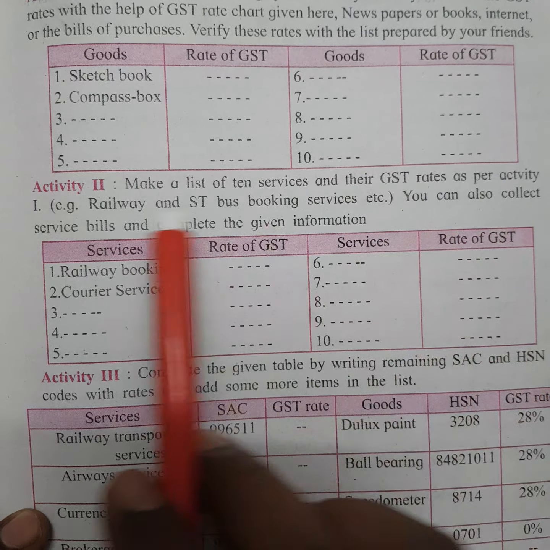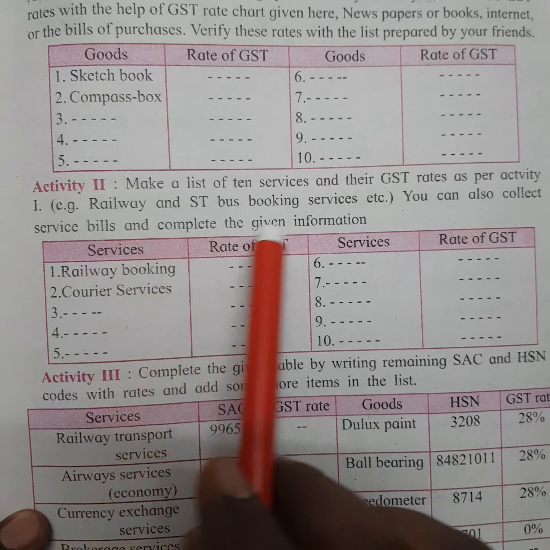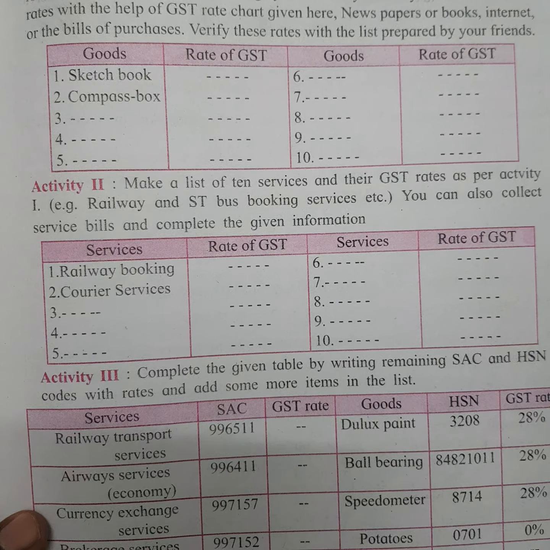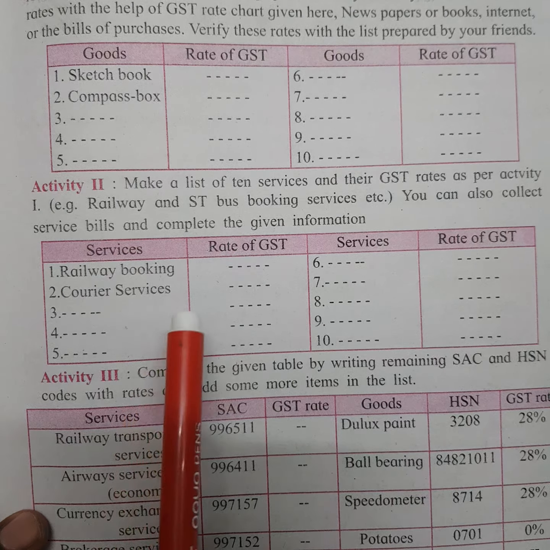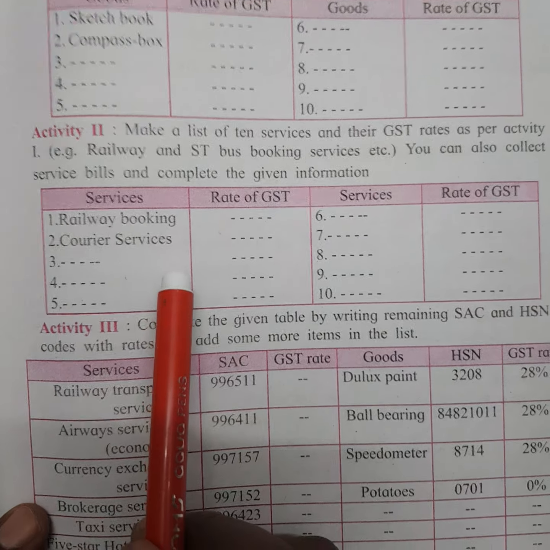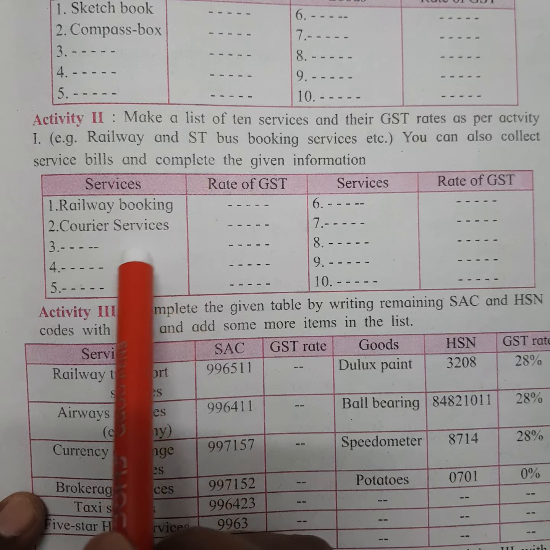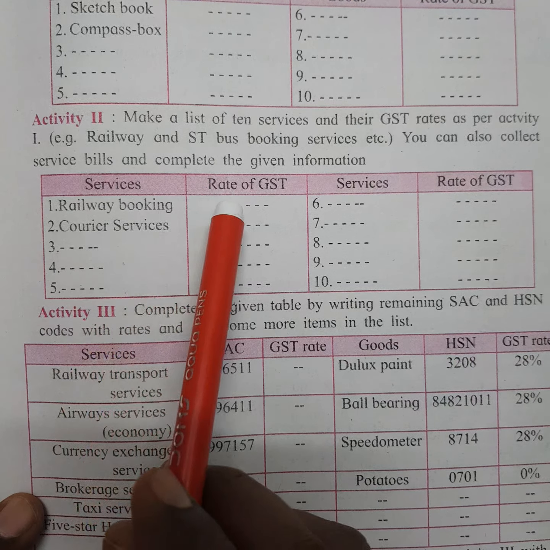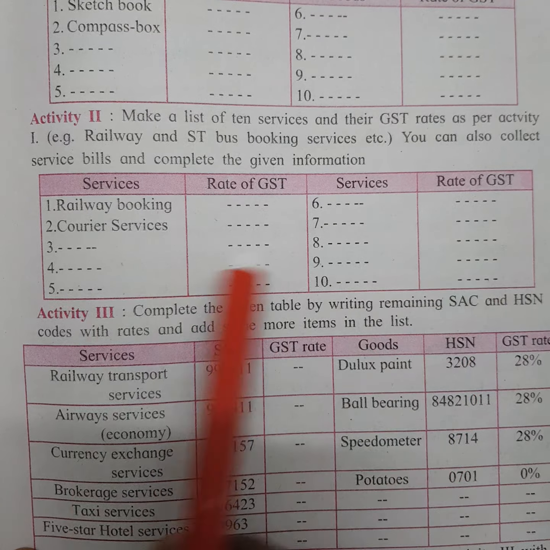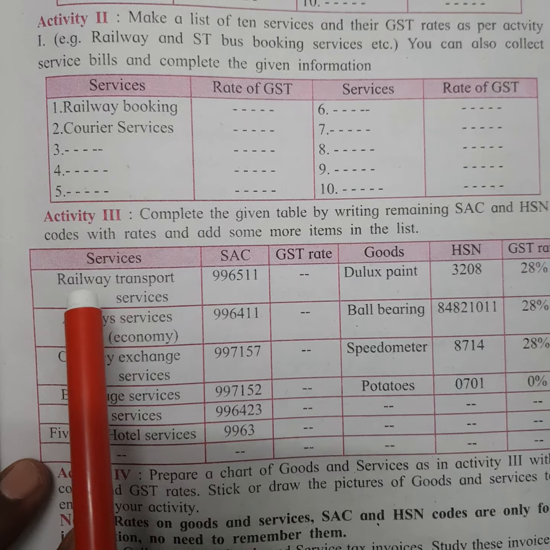You can also collect service bills and complete the given information. Many services are provided by many service centers. You can find these services and their rate of GST and complete this activity.